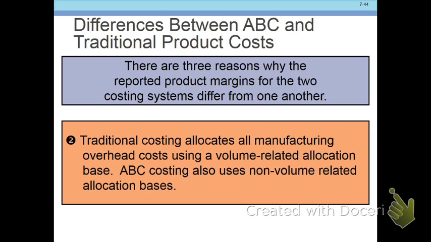Second reason, traditional costing allocates all manufacturing overhead costs using some sort of a volume-related allocation base, usually machine hours or labor rate. Activity-based costing also uses non-volume bases, like number of orders, things like that.